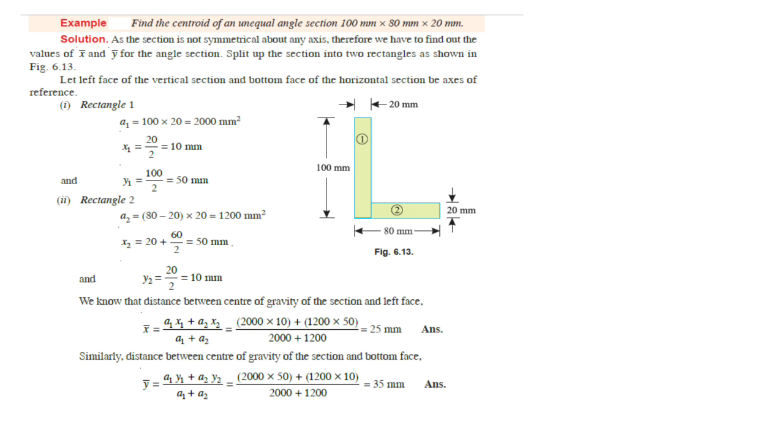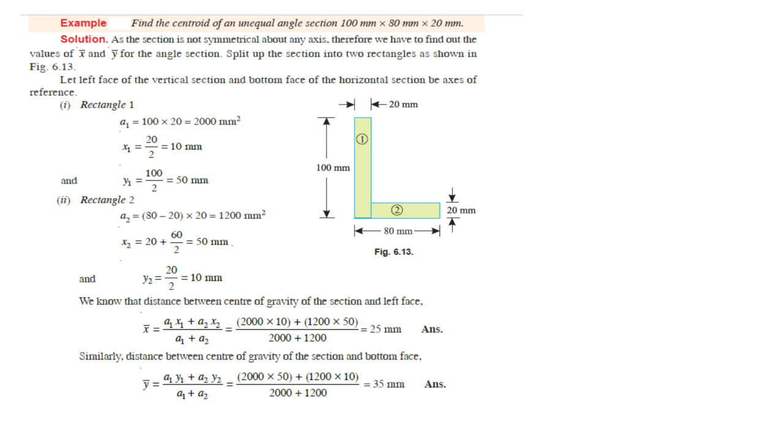For rectangle 1, area 1 is equal to breadth times height. So breadth is equal to 20 mm and height is equal to 100 mm, giving 2000 mm². So x1 along the x-axis, the centroid, is equal to 20 divided by 2, which is 10 mm.